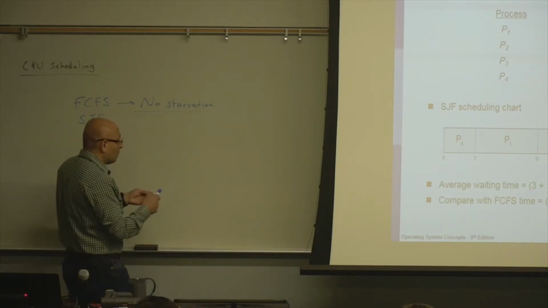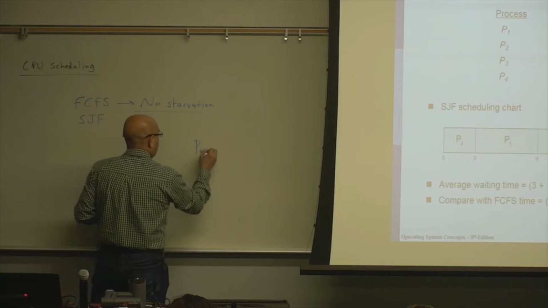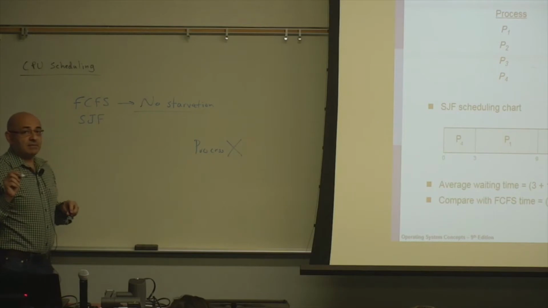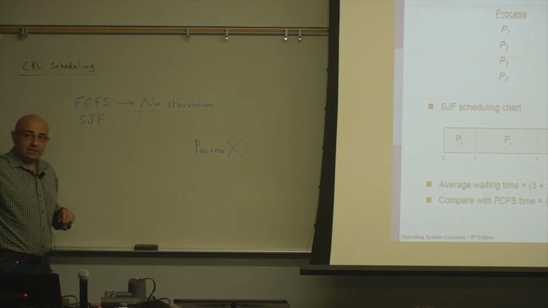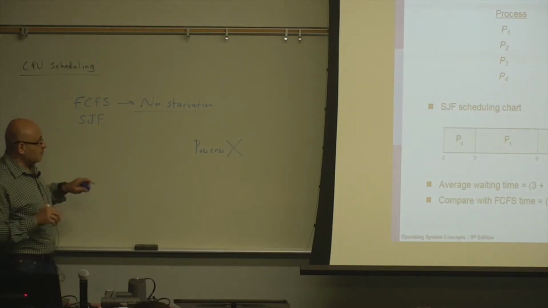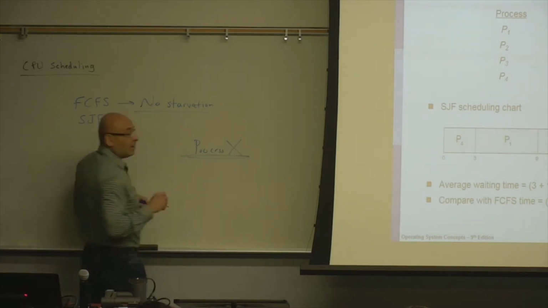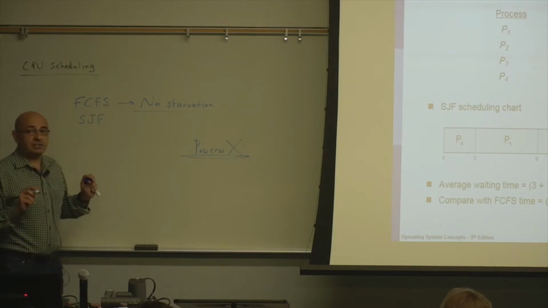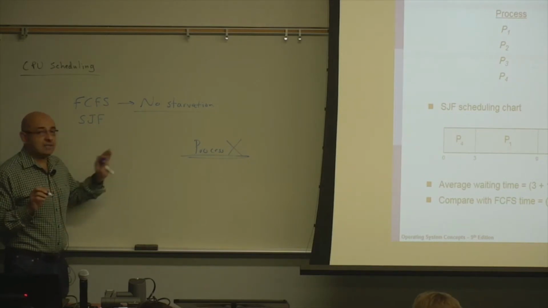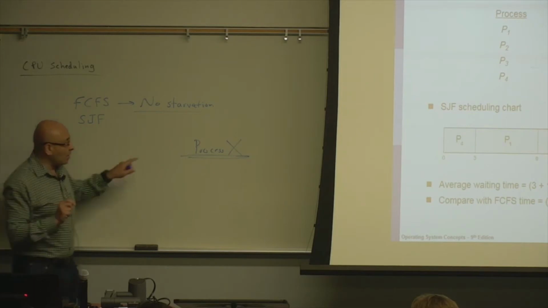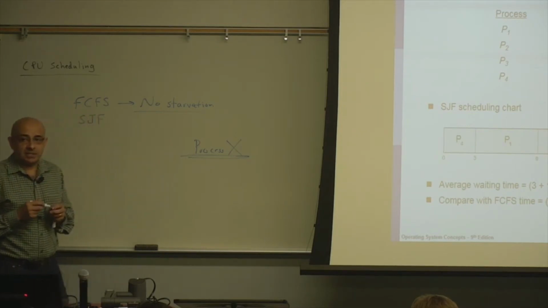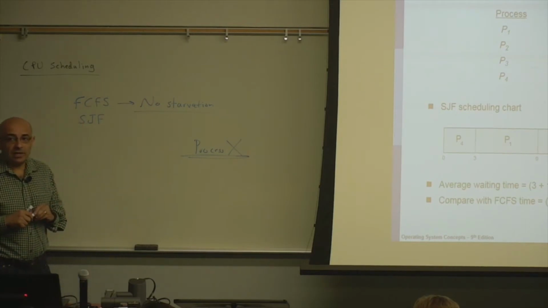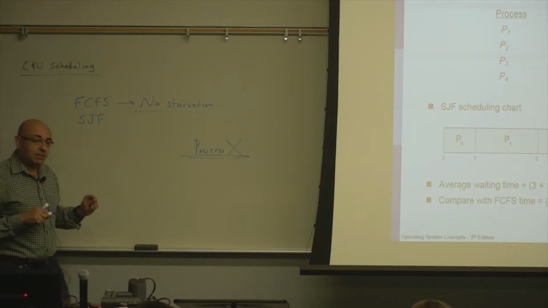So to have a starvation-free system, you need a limit on the number of other processes that will get the resource while process X is waiting. It's not a limit on the time, it's a limit on other processes.